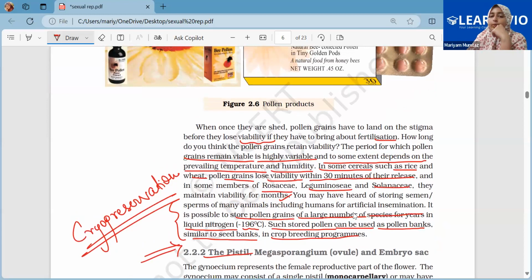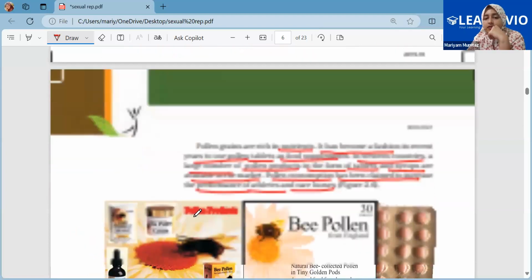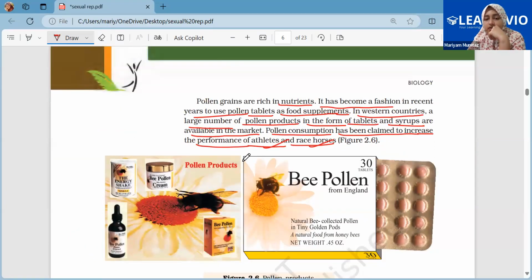Now, once they are shed, pollen grains have to land on the stigma before they lose viability. Stigma is a part of carpel. Ma'am, can you go again with the last part? Yes, it says that pollen grains are rich in nutrients, energy and proteins.